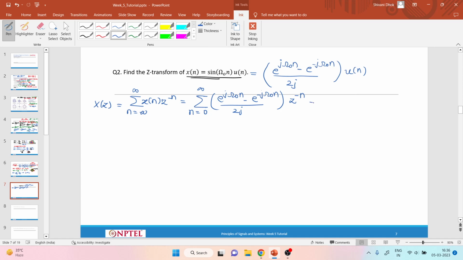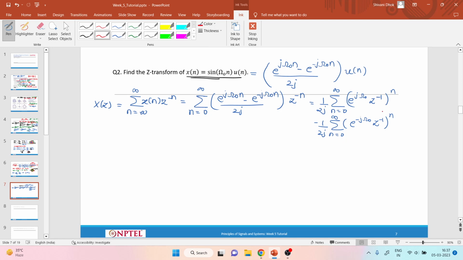So this I can write as 1 by 2j summation n running from 0 to infinity e power j omega naught into z power minus 1 whole power n minus 1 by 2j summation n running from 0 to infinity e power minus j omega naught into z power minus 1 power n.